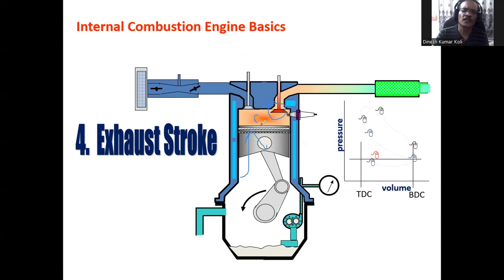It will apply force over the gases, and these gases will move through the smoke box to the outside. So this stroke is from BDC to TDC. In this way, these are the four processes used for the engine, which may be the diesel engine or the petrol engine.